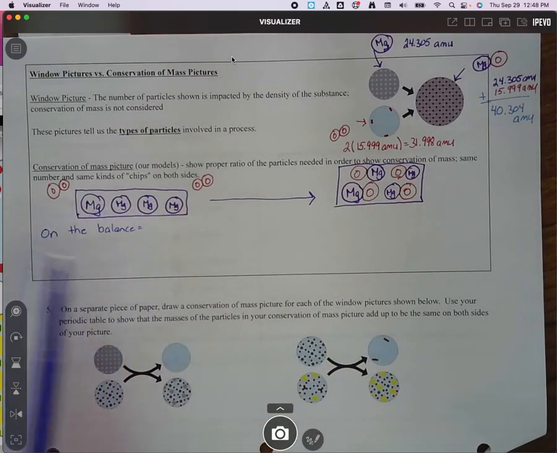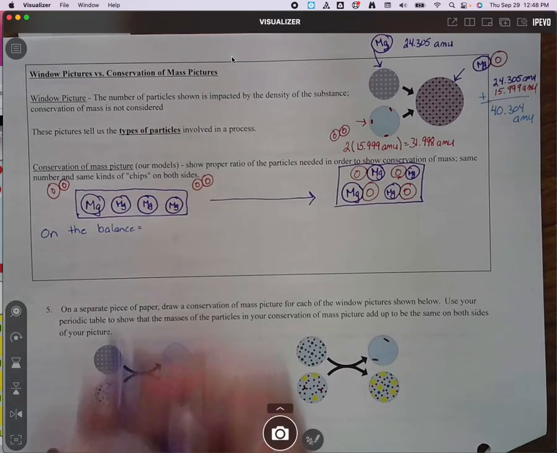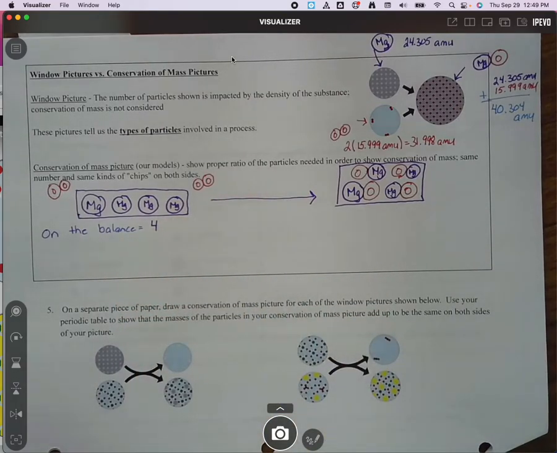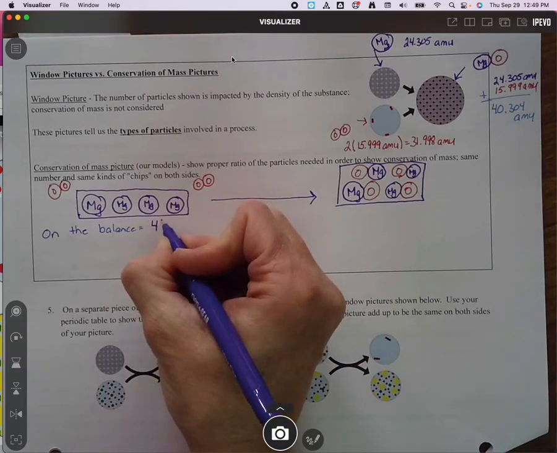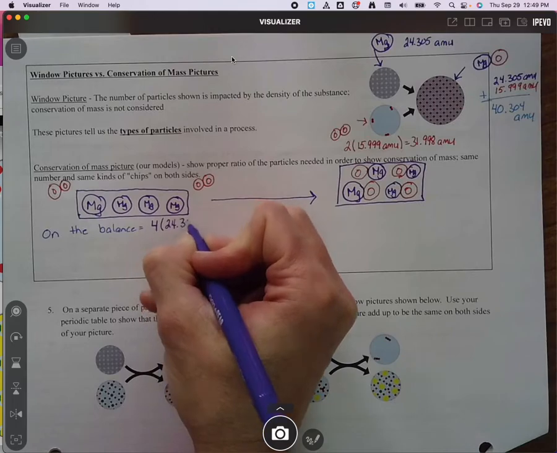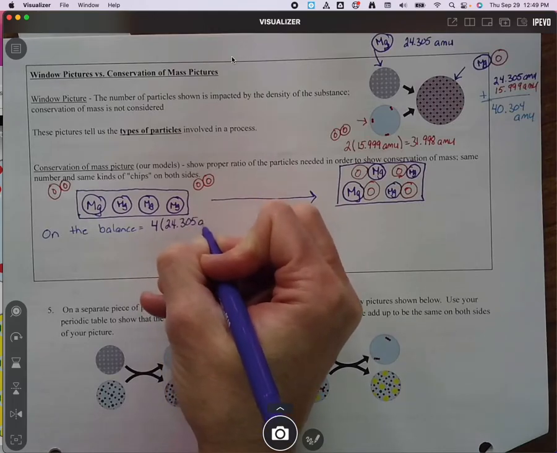So, in the beginning, which pieces of this could I have confined to a balance in order to weigh it? The magnesium. So only the magnesium. Yeah. So that's 4 chips that weigh 24.305 AMU.